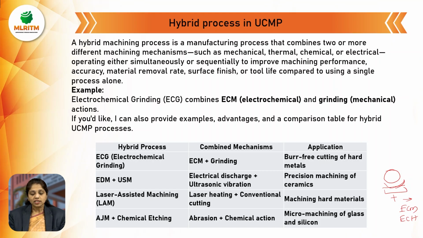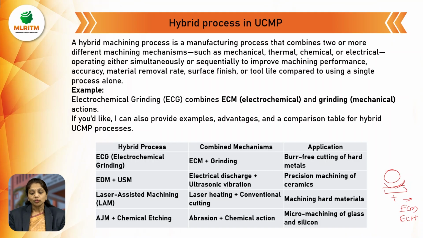And similarly, the laser assisted machining method is a combined mechanism of laser heating and conventional cutting. Initially, using laser rays or laser heating energy, we do the initial machining, and once it is done, we can continue with our conventional methodologies, and we can get a better surface finish even for harder materials.